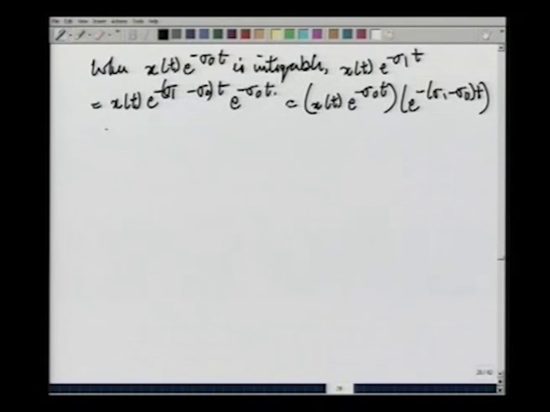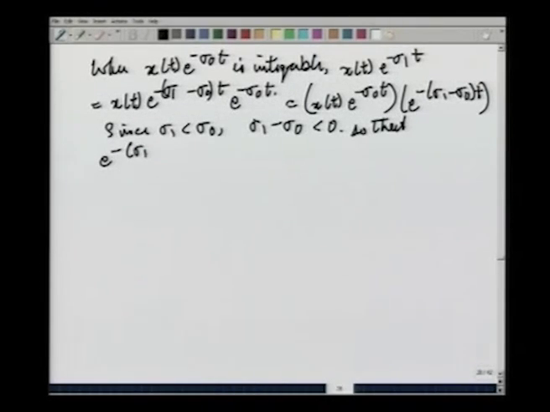Now since sigma 1 is less than sigma naught, sigma 1 minus sigma naught is less than 0, so that e to the minus sigma 1 minus sigma naught t exponentially decreases as t decreases.